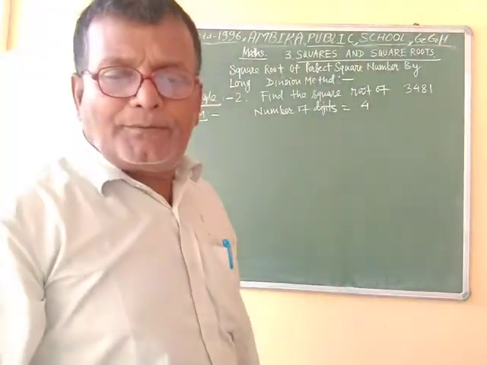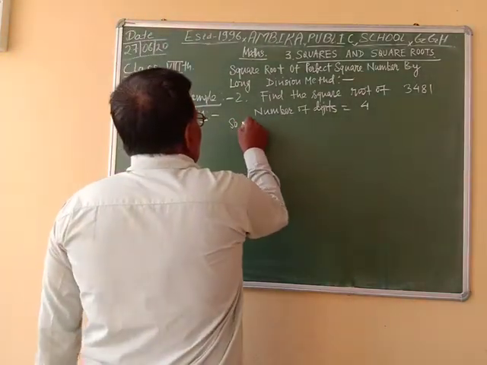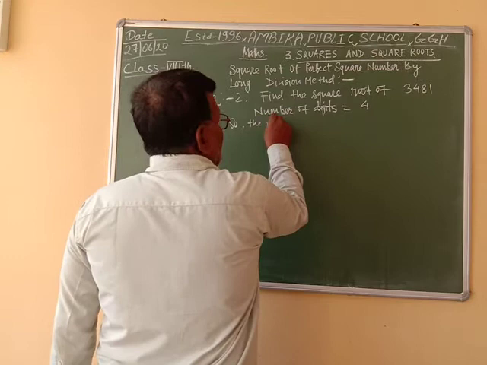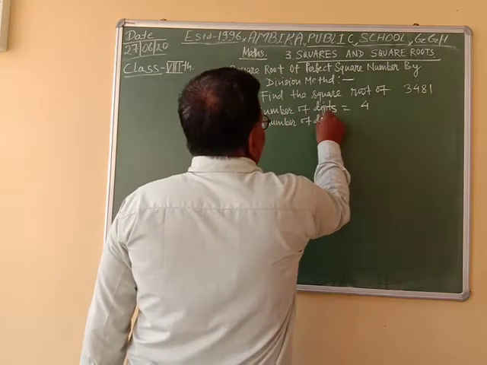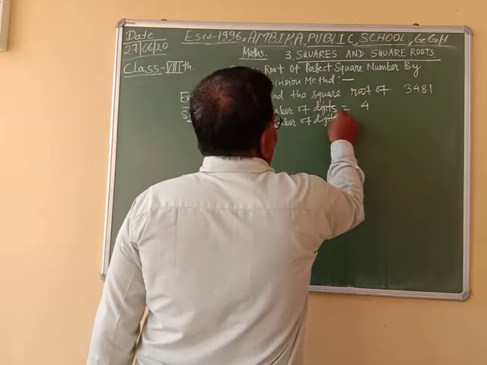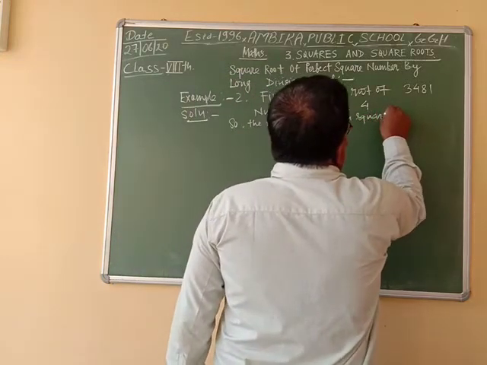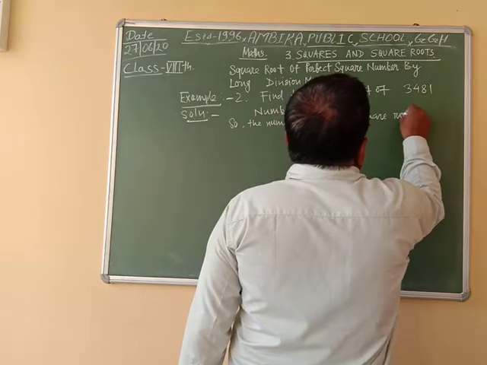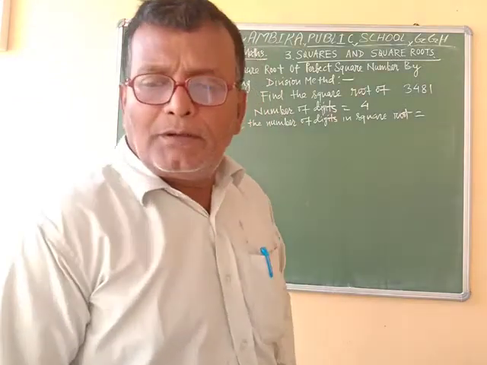So the number of digits in a square root is equal to 4 by 2, equal to 2.